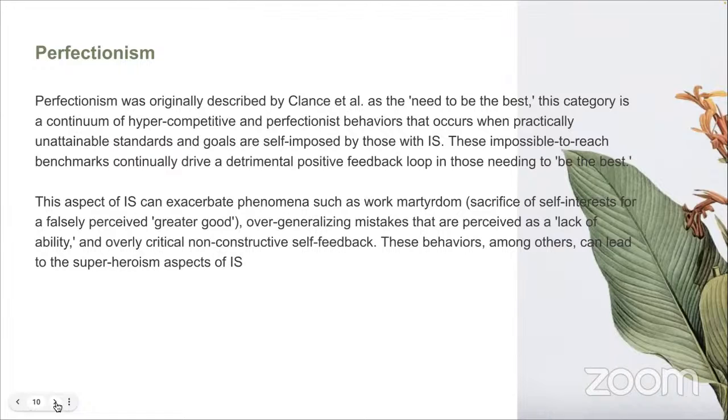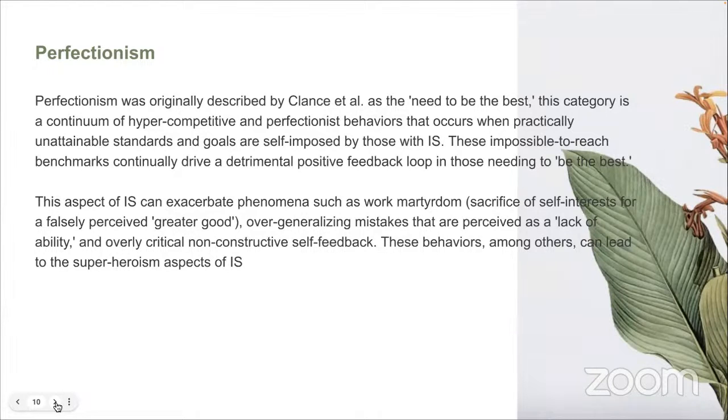These impossible-to-reach benchmarks continually drive a detrimental positive feedback loop in those needing to be the best. This aspect of imposter syndrome can exacerbate phenomena such as work martyrdom, which is when you sacrifice your interests for a falsely perceived greater good.